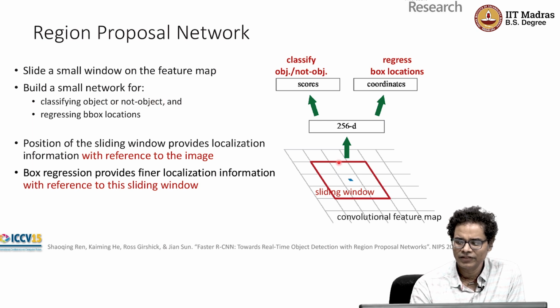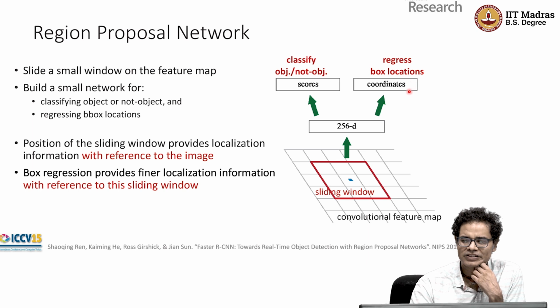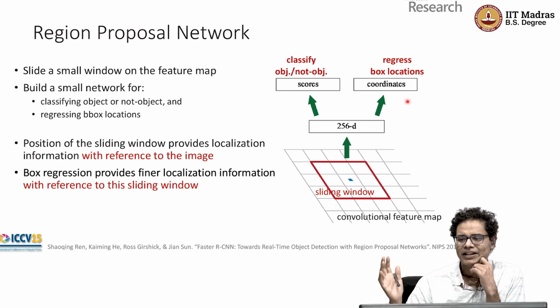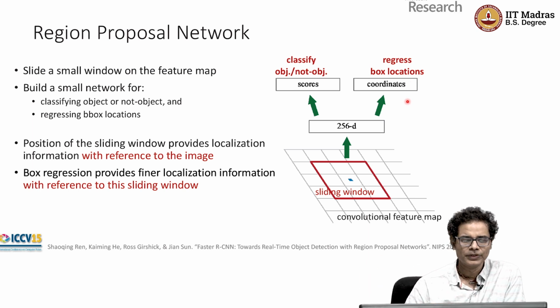So for this particular sliding window location, it will say whether there is an object or not, a binary classification. It will also regress the bounding box location, and if there is an object, it will refine the object location. So it will give the coordinates x, y, and height and width of the window. That is what this network is doing.